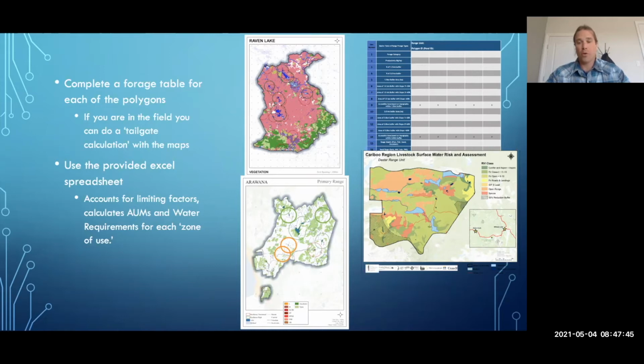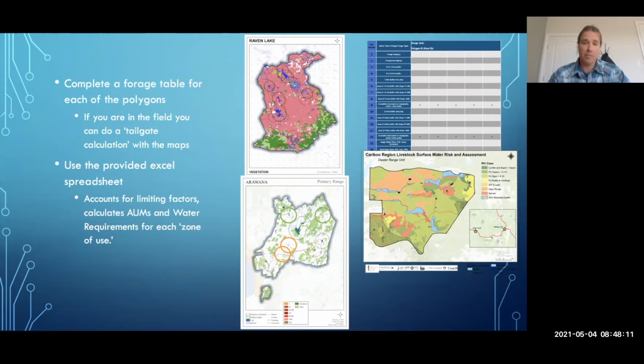And so we can also estimate forage, or estimate area, based on just a visual estimation of area, I guess, by just looking at these maps. But we can also do this with GIS. Either way, I'll go through this a little bit, but we can complete this forage table as a tailgate exercise where you just print off the spreadsheet, or you have it on your computer.